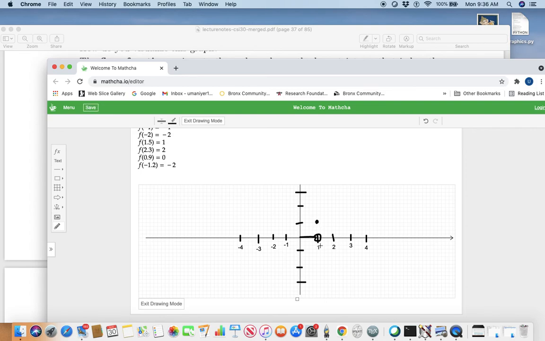So at 1, I get height 1. Say 1.7. What's the greatest integer less than or equal to 1.7? It is 1. So all these numbers get height 1 except when you go to 2. The greatest integer less than or equal to 2 is 2. And 3.